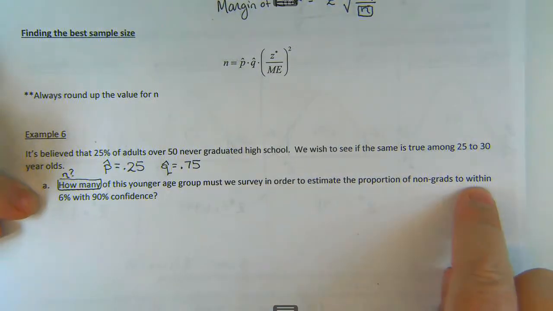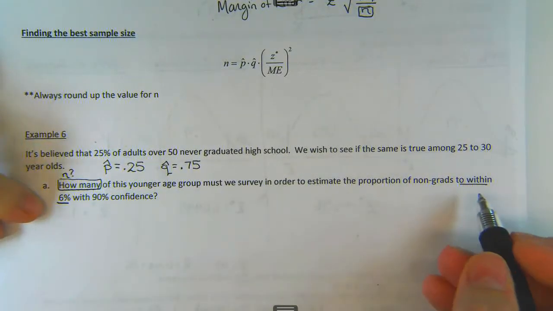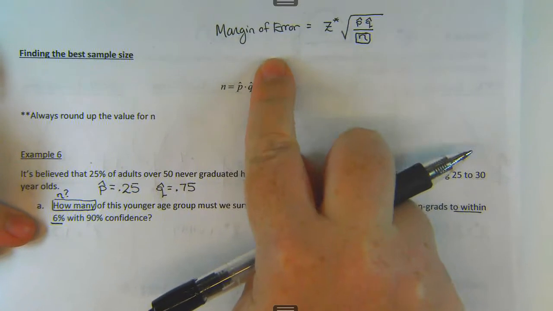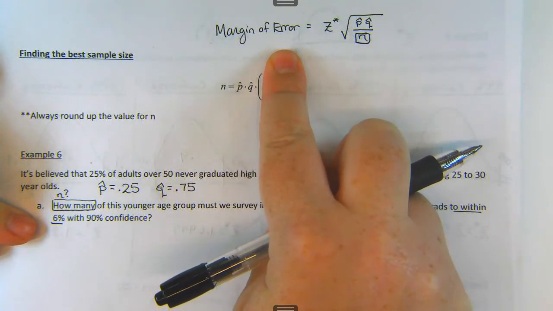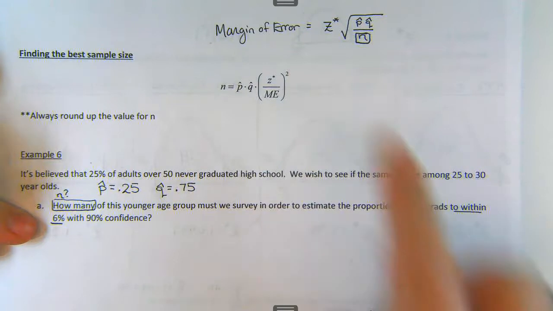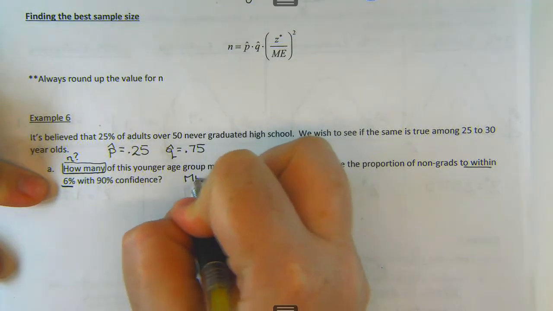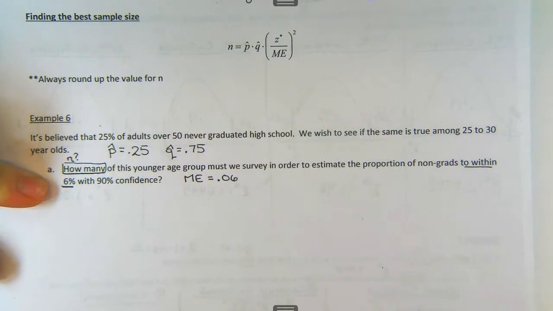Then they have this estimation and they say within 6%. If we want to estimate something within a certain percentage, this is describing what margin of error is. Margin of error describes this percentage above and below that we're going from our estimated value. So when it says within 6%, that's our margin of error. And be sure if it's given in a percentage form to change it to a decimal.